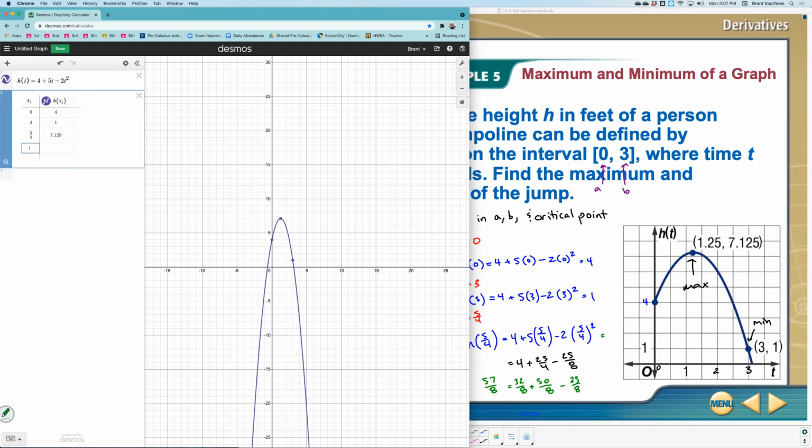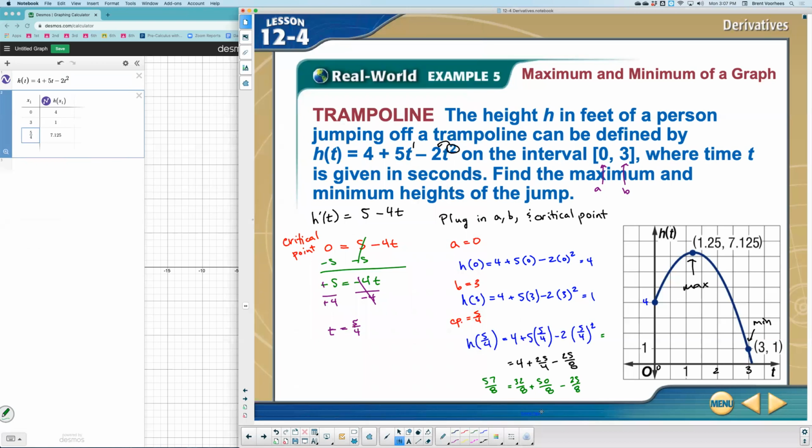That value right there is 57 over 8. 7.125. Okay, when you look at these three numbers, you can see that this one is the minimum. This one is the maximum.